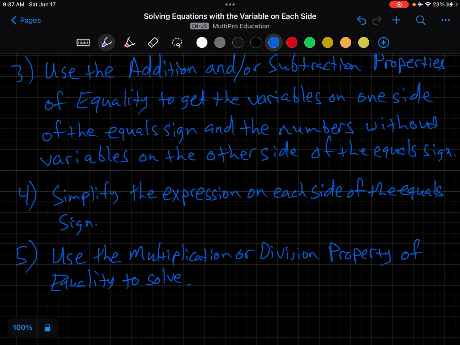Okay, now that's what we did as our final step there. And usually we had a number multiplied up against a variable, so then we divided each side by that number to get the variable completely by itself.